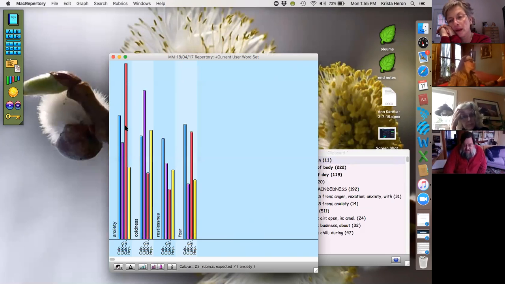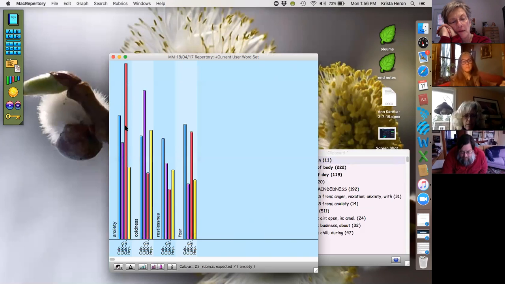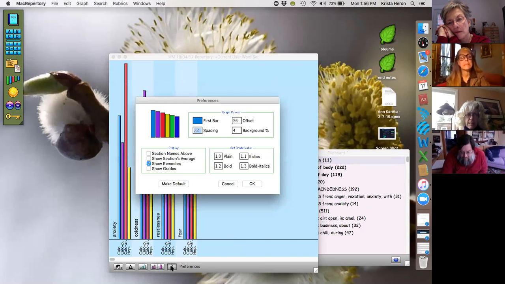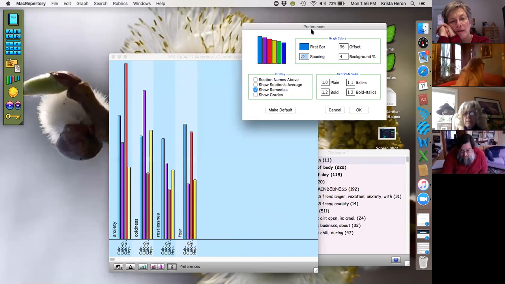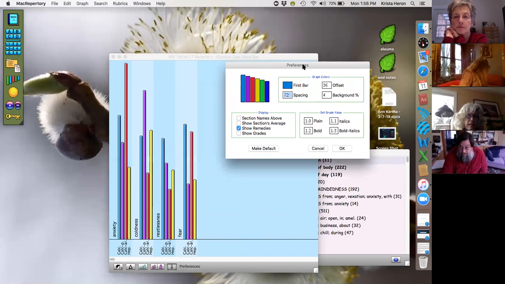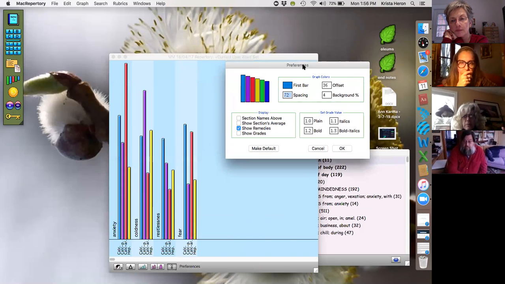But that's probably not equalized by remedy. So what Ted is discussing is how these remedies are compared. Of course you could just do it based on number to number, or you could shift it based on how many total rubrics they have for each remedy in the whole repertory, so it's averaged by how often they appear.